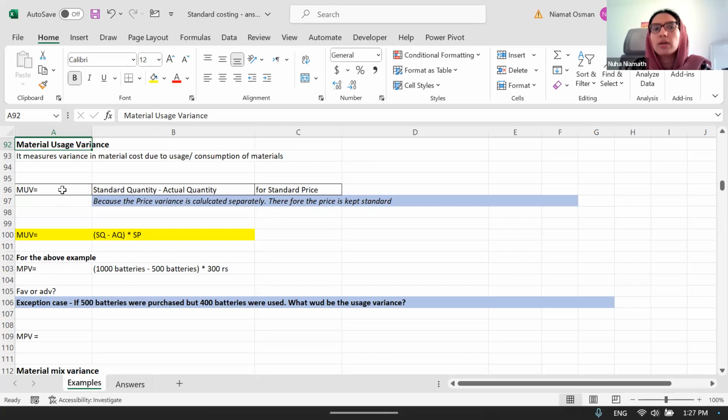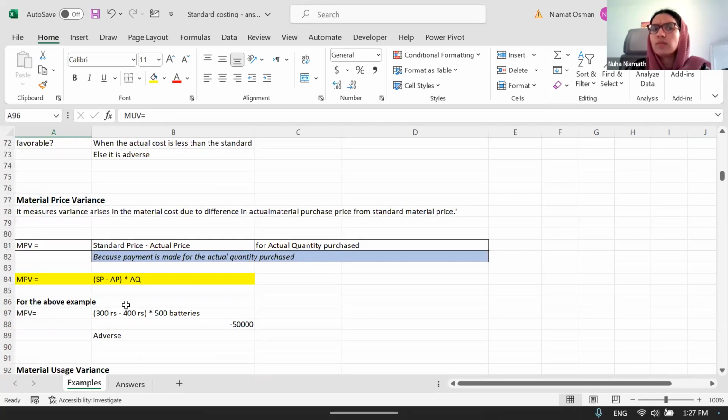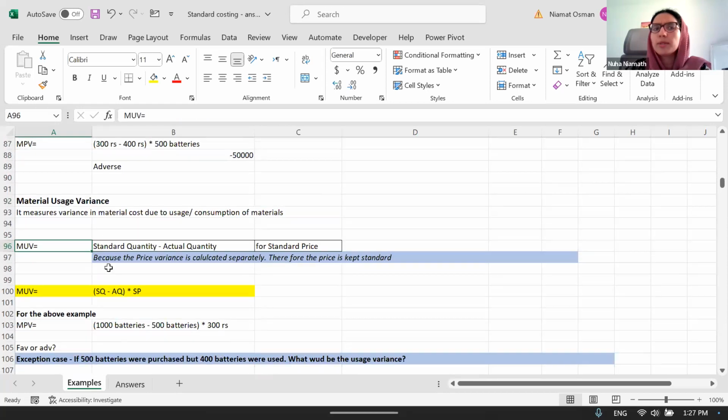So what will be our concept here? Material usage variance is our standard quantity, which we should have used, minus our actual quantity, for the standard price. Now you'll be like, for material price variance, we multiplied with actual quantity. But for material usage variance, we are multiplying with standard price.